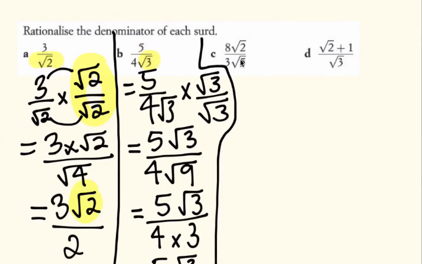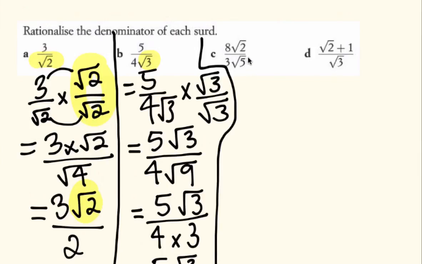It's a little bit tricky now actually. A lot of students will get confused with this because we have the square root 2 on top and the square root 5 on the bottom. Just focus on the bottom because we are focusing on the denominator. When you have a number on the top, just ignore it and we're just going to look at the square root of 5. Once again, how do we get rid of a square root 5?